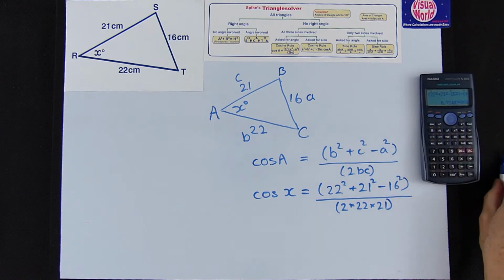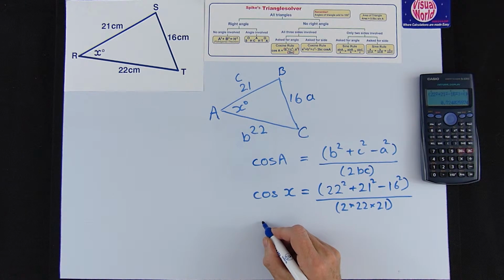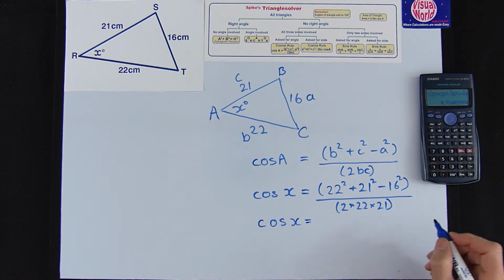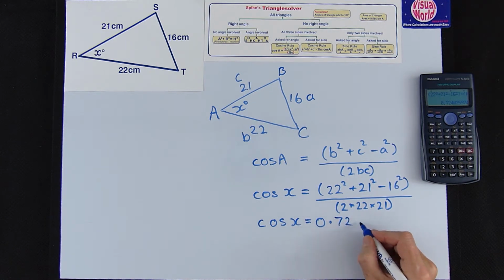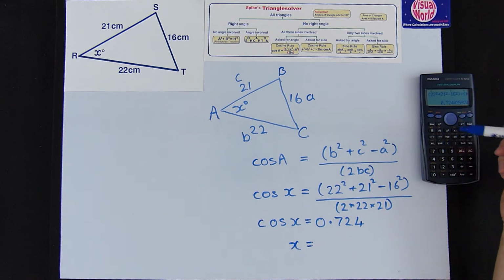Always take three figures, although as usual we're going to keep the answer in the calculator, but we have cos x equals 0.724. So only one thing left, and that is removing the cos. So remember, shift the cos.